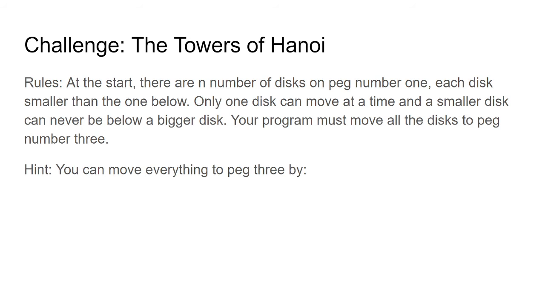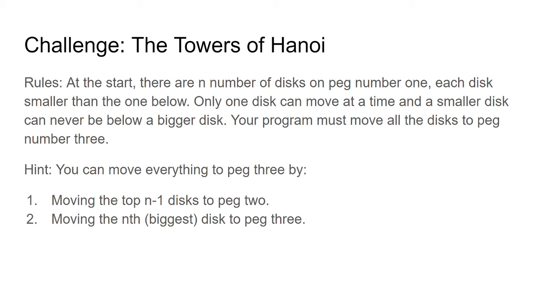And my hint to you is that you first move the top n minus 1 disks to peg number 2. So everything but the very bottom disk should go to peg number 2.